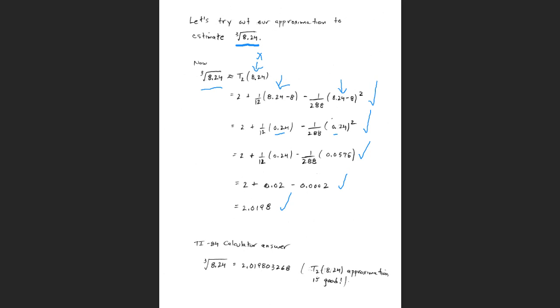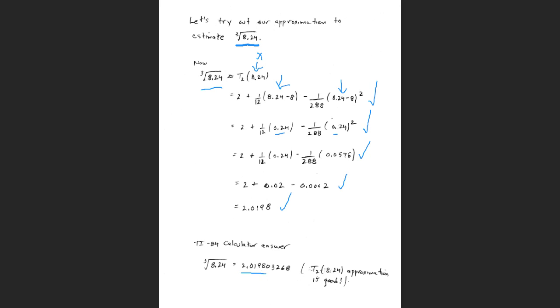Now, if you put this on your TI-84 calculator or in Desmos, the cube root of 8.24, which I assume would be a very accurate answer, is 2.019803268. Well, you have accuracy to within 4 decimal places. So it just shows you the approximation is good. And that's how we can use these Taylor polynomials to help us.